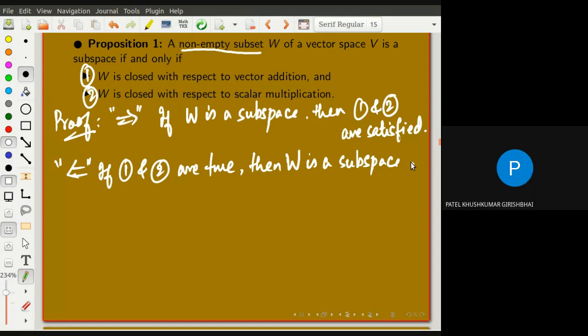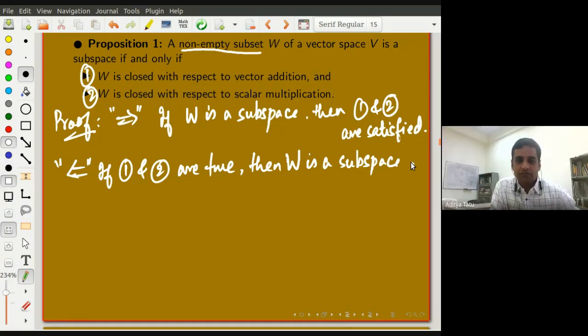Can you try and prove this? Right, you'll have to show that each and every vector space axiom is satisfied. Okay, but should we go through this proof?